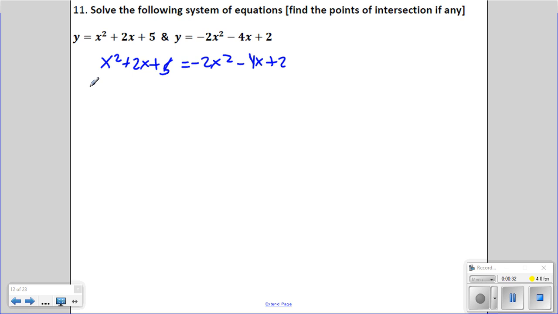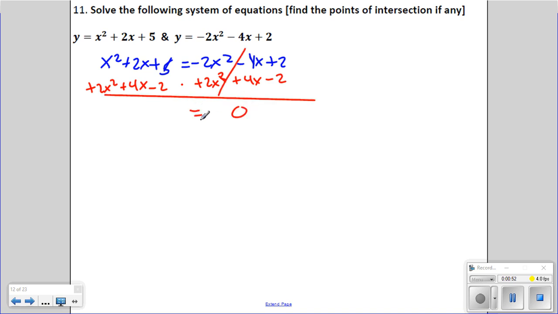So I have to add 2x squared, add 4x, and subtract 2 from both sides to get 0. That would give me 3x squared plus 6x plus 3 equals 0.